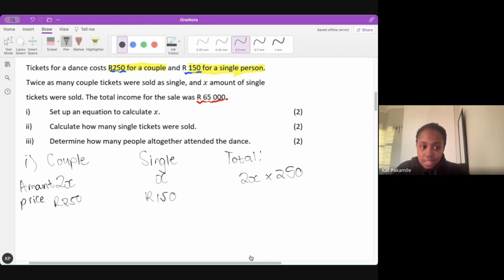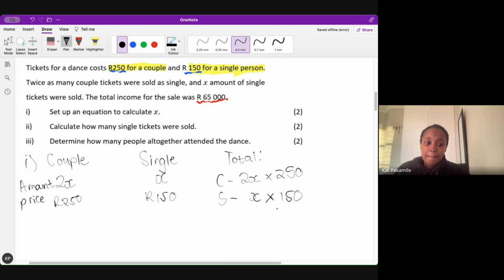If there were 2X tickets and one ticket costs 250, the total money they made was 2X times 250, because that's how many were sold. In the same way, for singles, if X tickets were sold and one of them is 150, then the total amount they got from single tickets was X times 150.